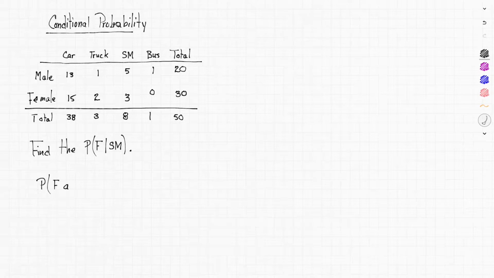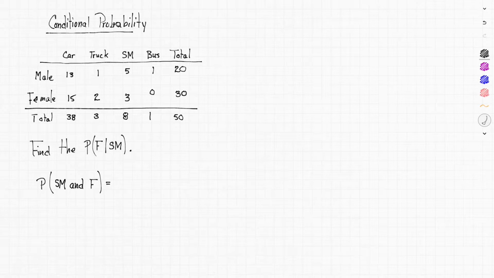Our formula would say that the probability of selecting a female and then, meaning order matters, or I'm sorry, I wrote that incorrectly already. So the probability of selecting a person that drives an SUV or a minivan, and right after that, selecting a person that is female.